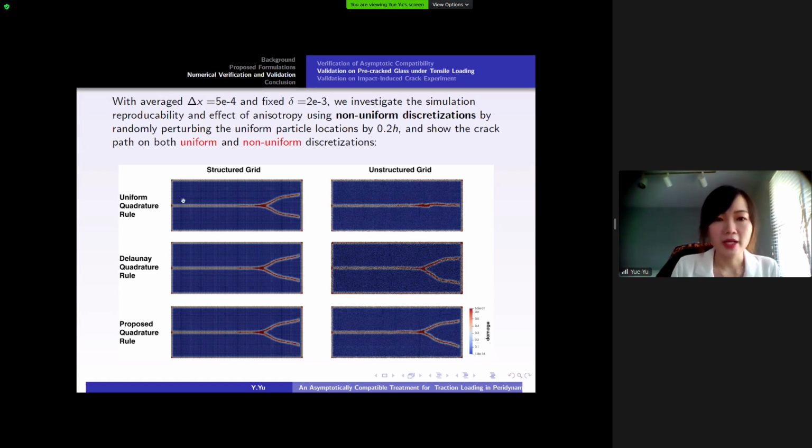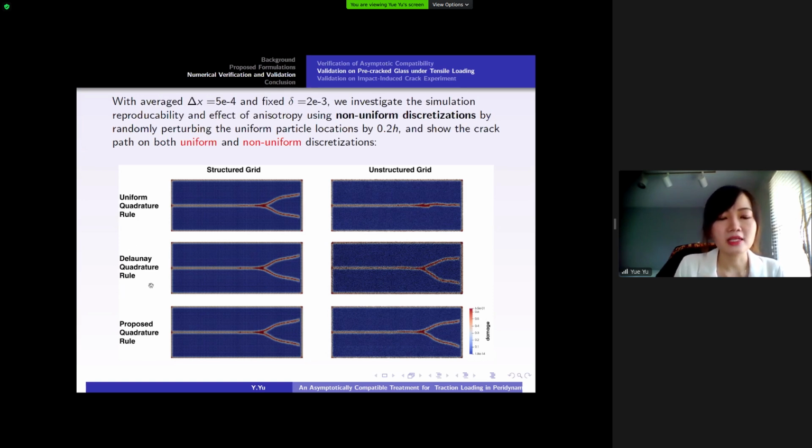Here we compare the results from 3 different quadrature rules. The first one is the so-called Riemann sum. When we use the uniform quadrature rule and go to the non-uniform discretization, it doesn't give us a consistent damage map.